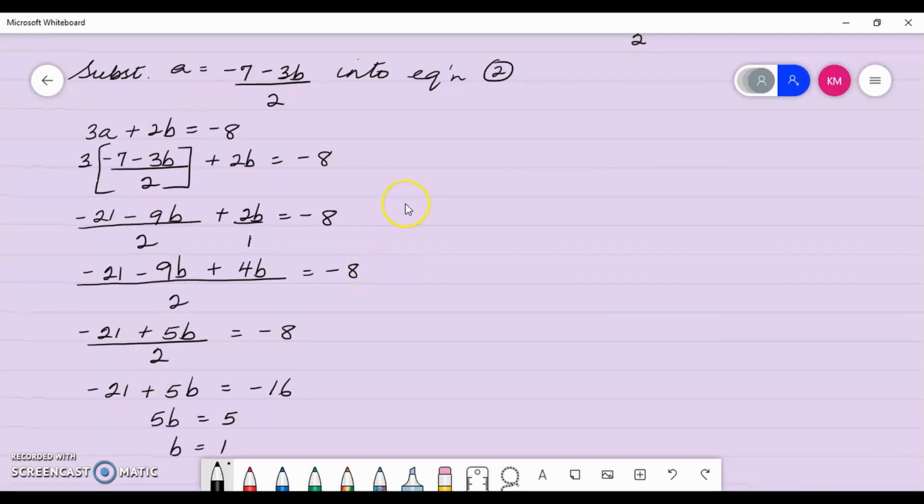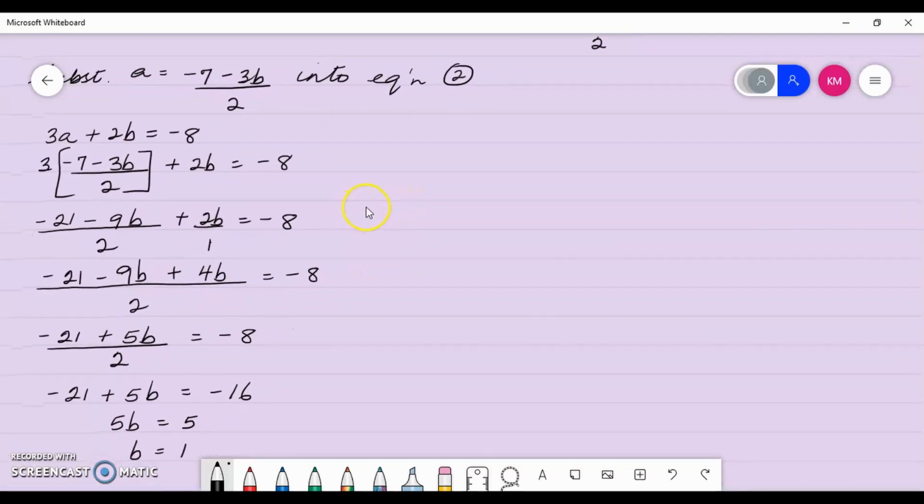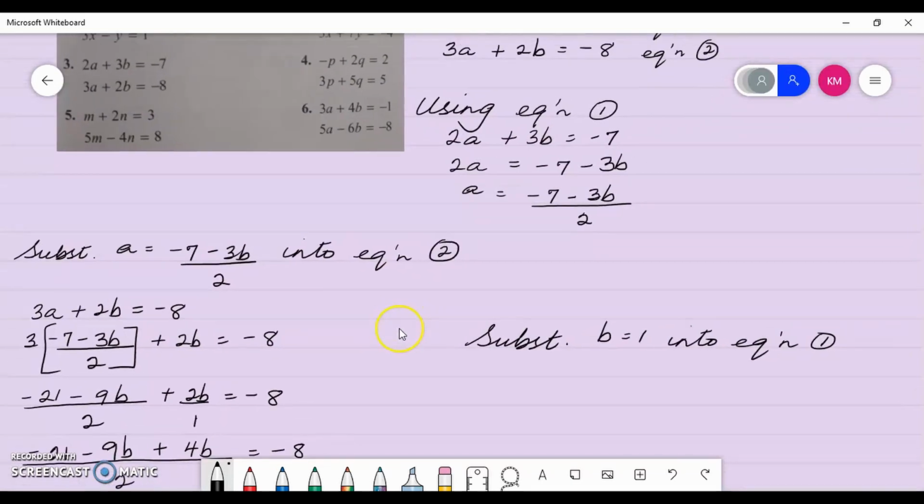So now that I have solved for b, I'm going to substitute b, which is equal to 1, into any one of my equations, and I'm going to choose equation 1. Let's have a look at equation 1.